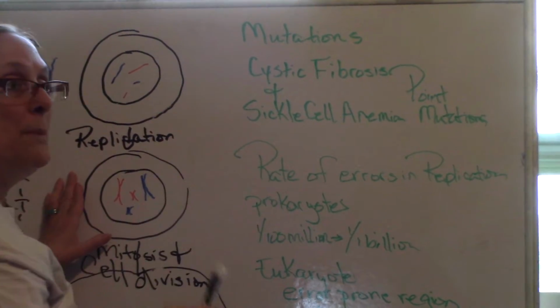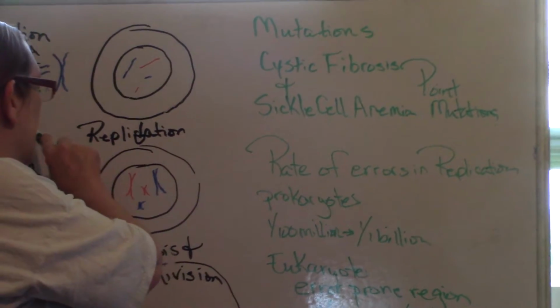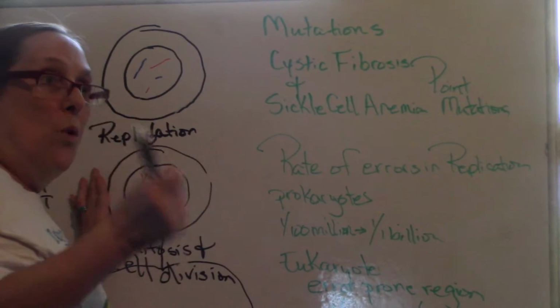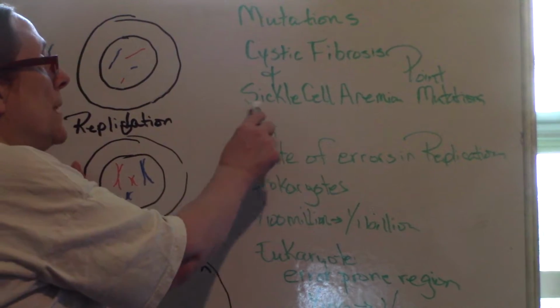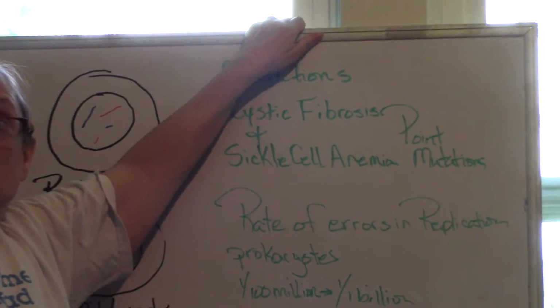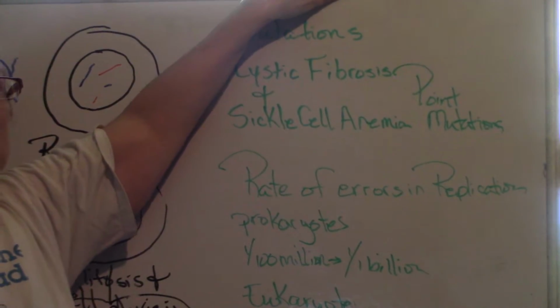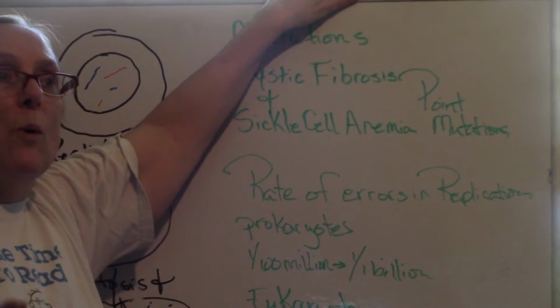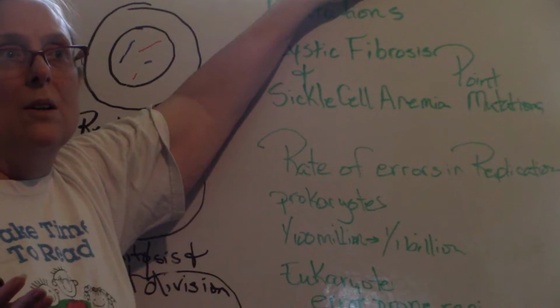And sickle cell anemia is also where there's one base that's different and then one amino acid, and it makes a different hemoglobin. And what makes sickle cell anemia is that the person only has hemoglobin S. This will come up in genetics. You may not remember this at this point, but they're homozygous recessive.